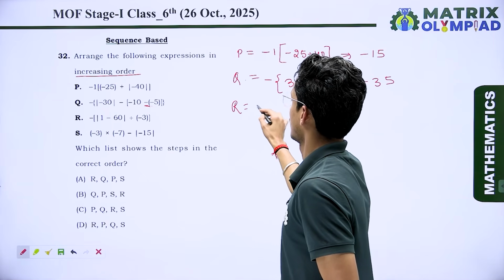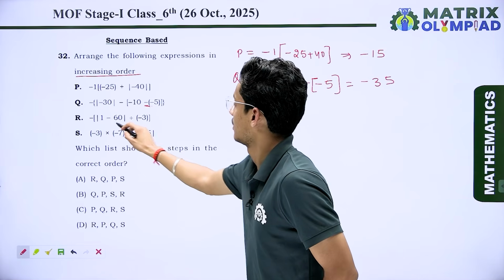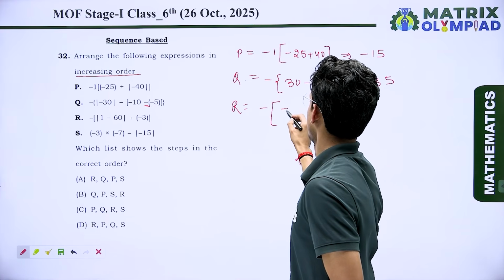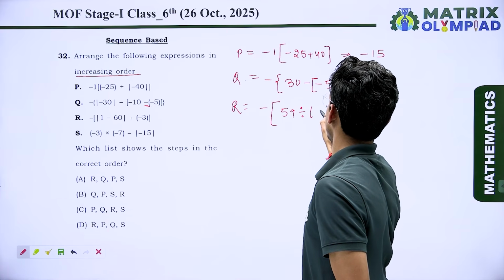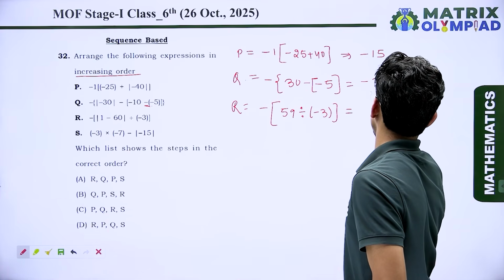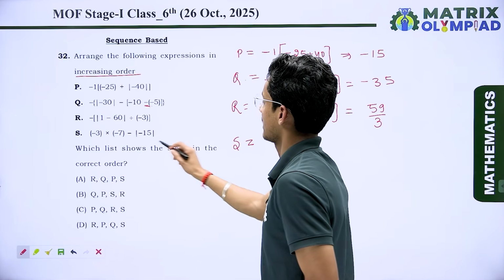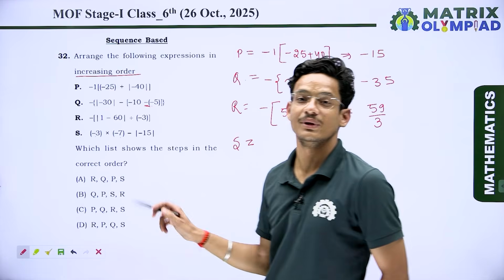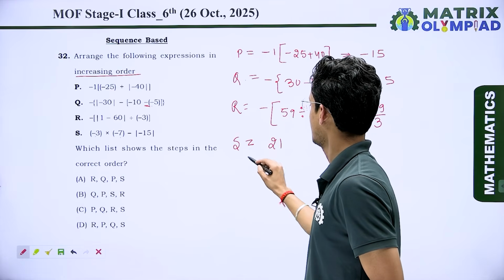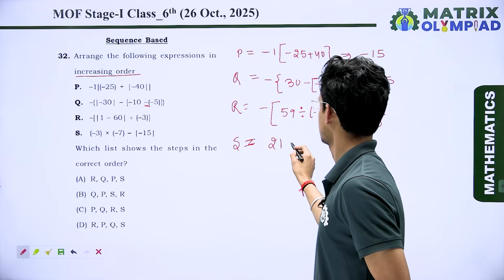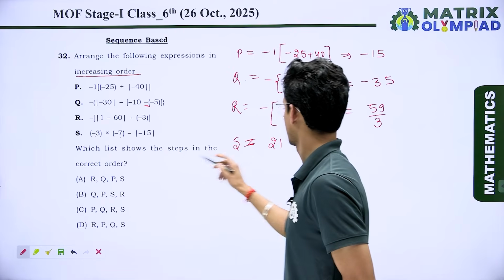Next R, minus bracket, if we simplify it, we can say 59 divided by minus 3. So the result is 59 upon 3. Next S, minus minus plus, and 7 times 3 is 21, minus mod of minus 15 is 15.